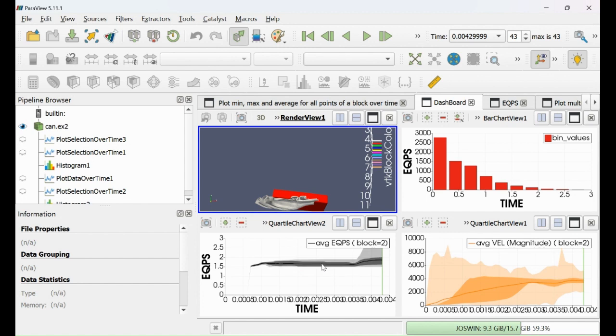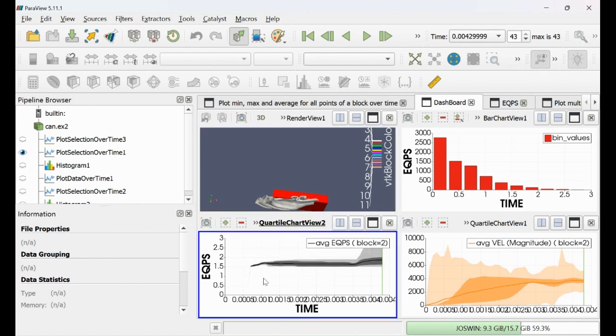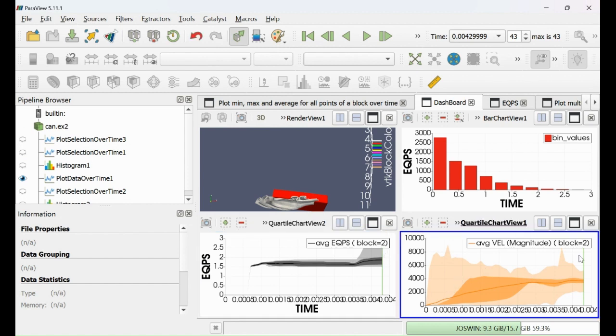The average EQPS we can see for the entire block is that as time moves on, the EQPS increases with time. So as time moved on, the object got deformed. When we look at the velocity, we notice that velocity was relatively different across different regions due to the factors we had talked about.